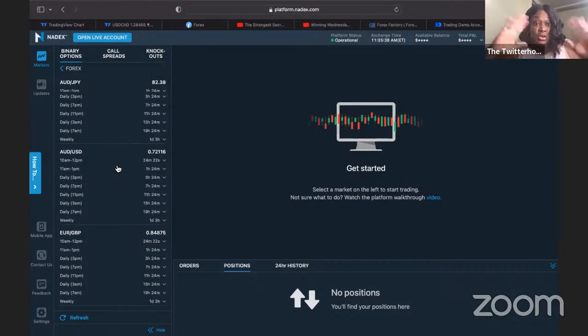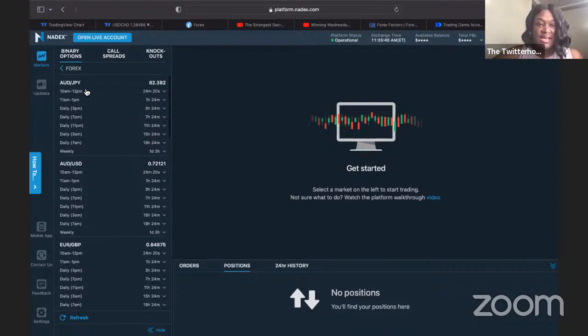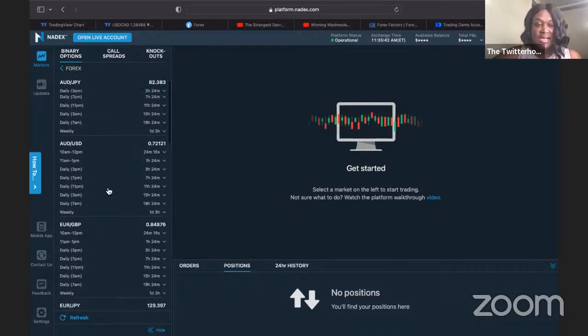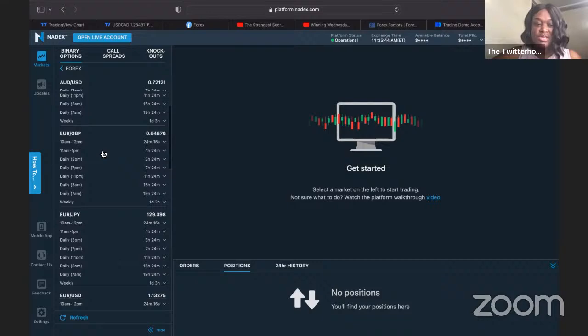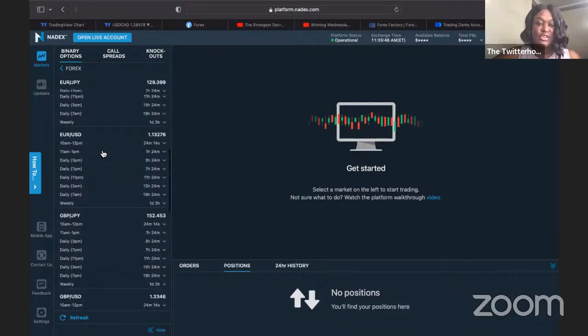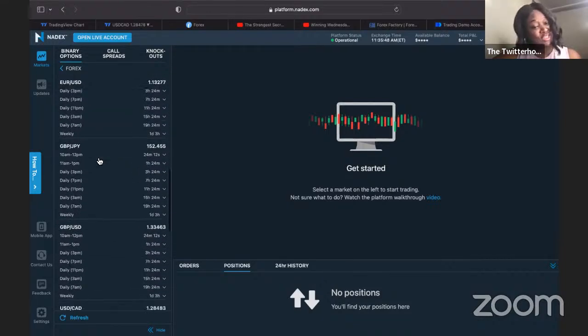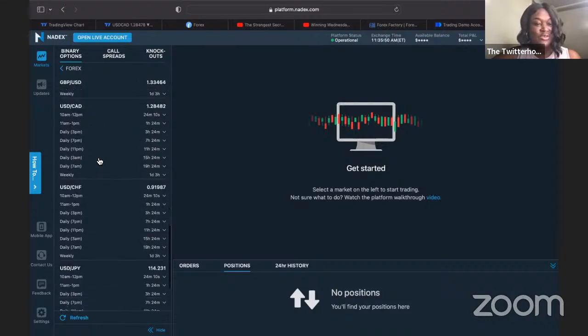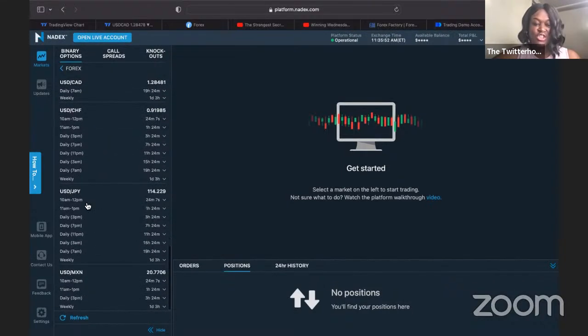You don't have the whole spectrum. You have AUD JPY, AUD USD, Euro GBP, Euro JPY, Euro USD, GBP JPY, GBP USD, USD CAD, USD CHF, USD JPY, and I think this is the US dollar with the peso, the Mexican peso. I think that's what that is.